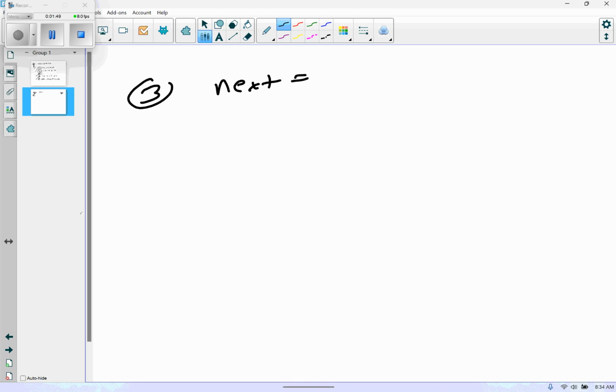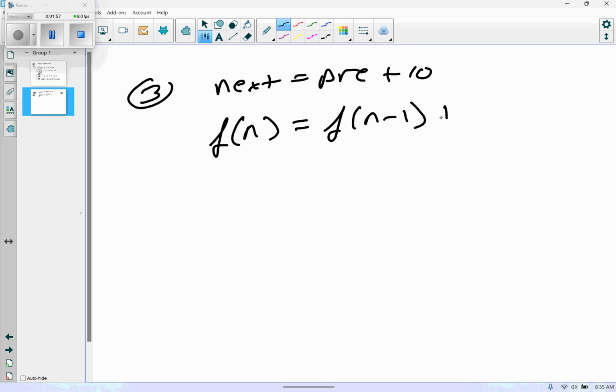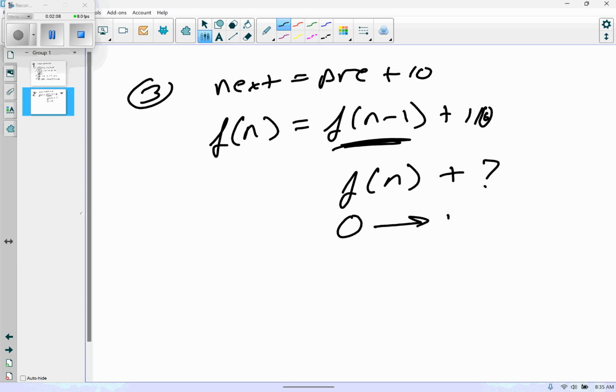Next equals previous plus 10. So you could basically say that it's f of n equals f of n minus 1 plus 10. But remember, this can be just changed to an f of n plus, that your starting thing if you had 0 that led to another number, if you knew what the 0 term was.